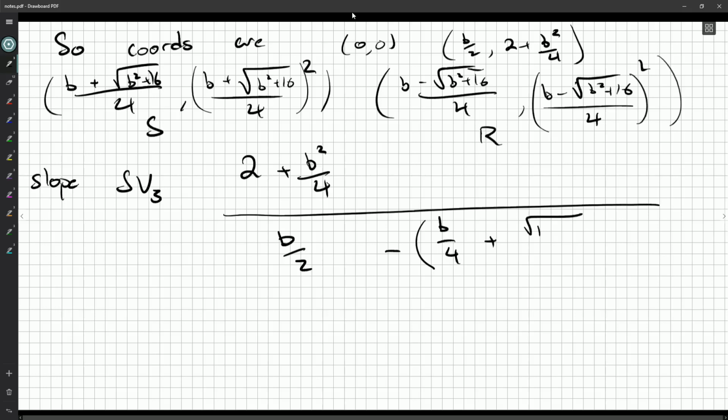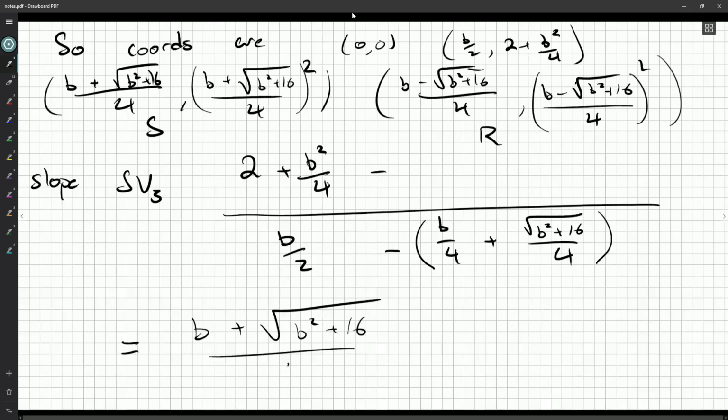Then square root of b squared plus 16 all over 4. Minus... I don't like this over 4 keeps happening, but that's okay. And this needs to be equal to b plus the square root of b squared plus 16 all over 4. Otherwise, it's not a parallelogram.